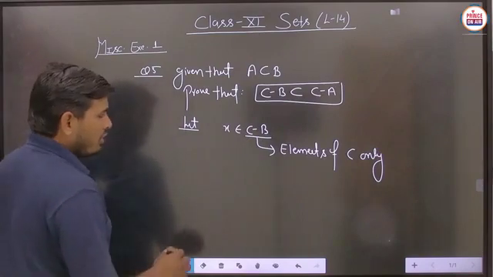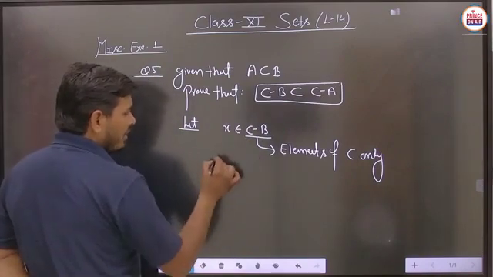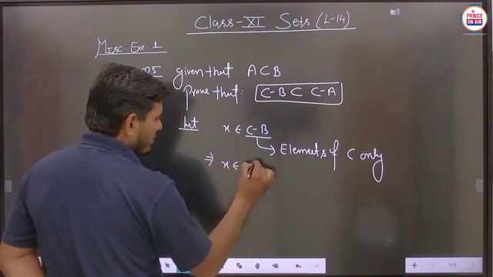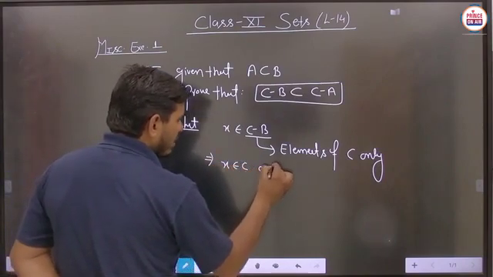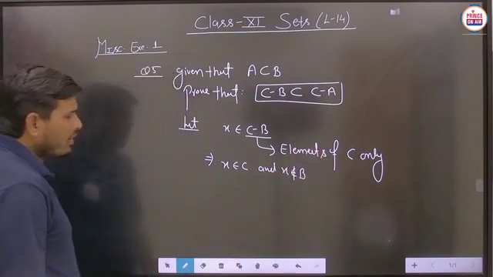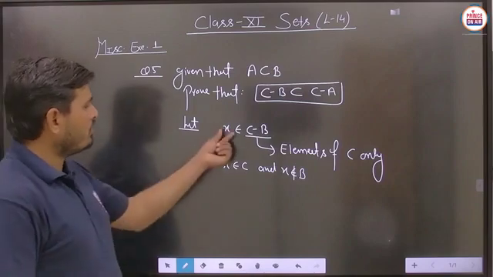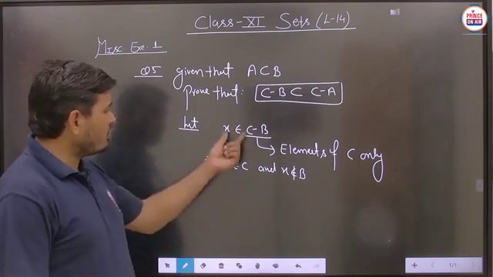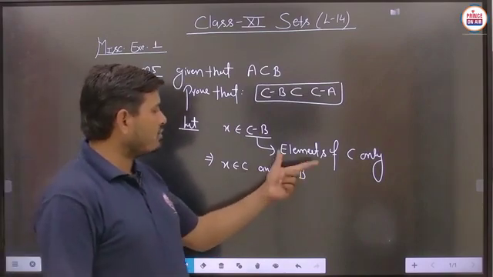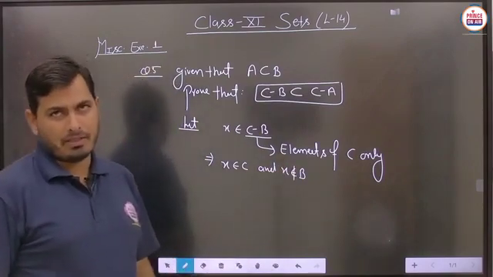So this implies that x belongs to C and x does not belong to B. Is that clear? Means if x belongs to C minus B, then x belongs to set C and x does not belong to set B. Is that clear?